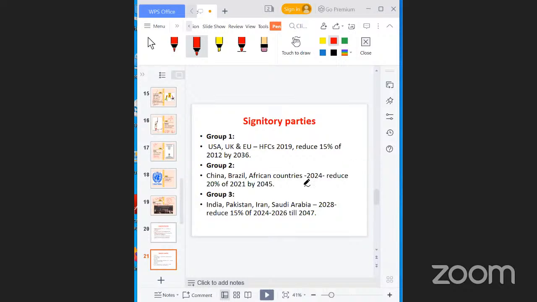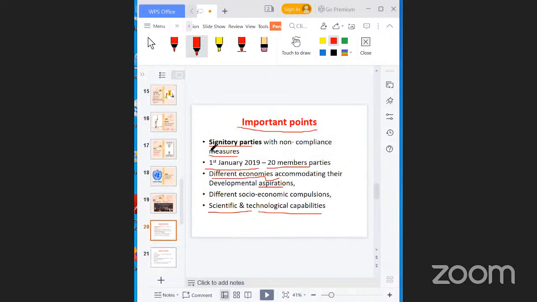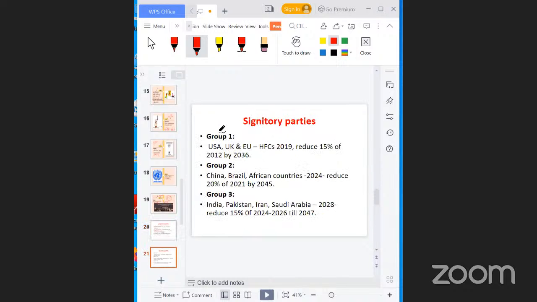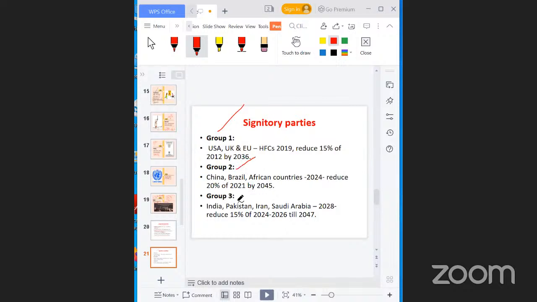The signatory parties have been divided into 3 groups: group 1, group 2 and group 3.